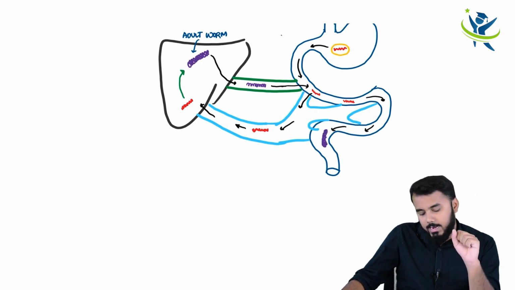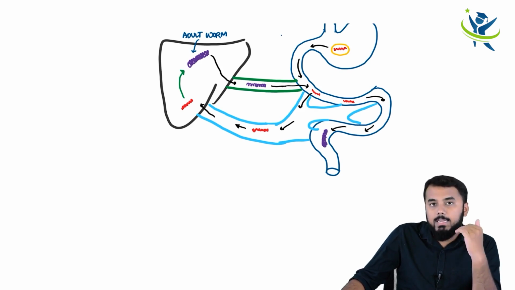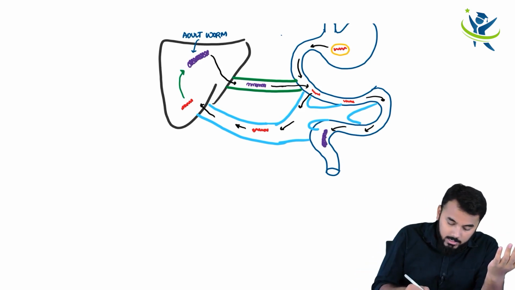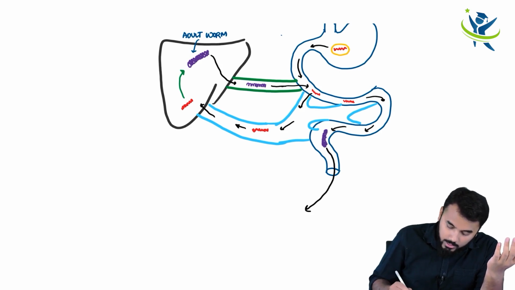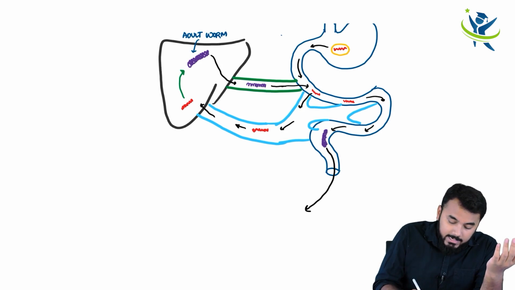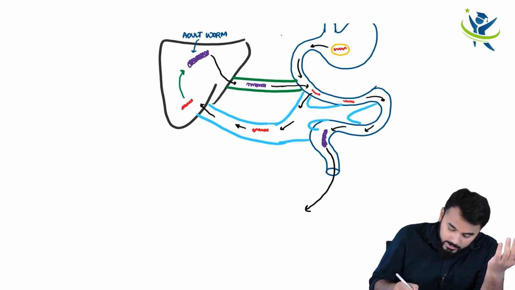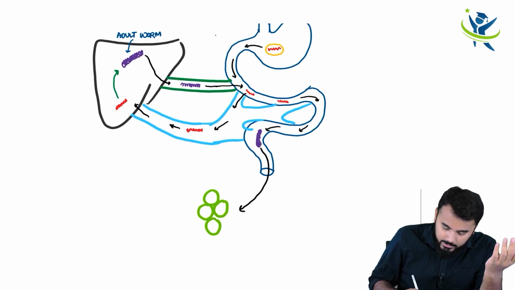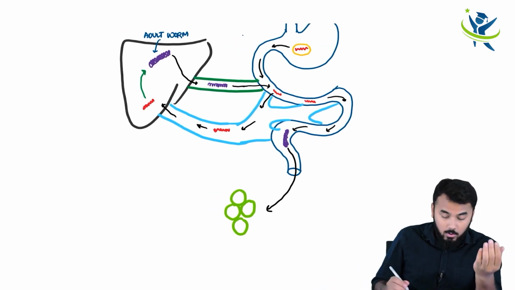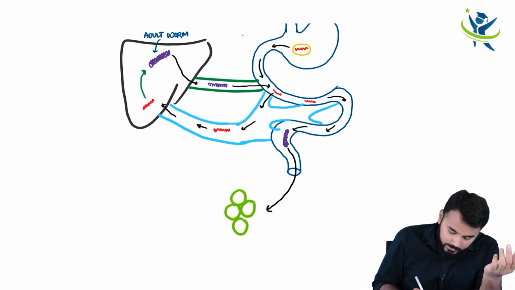Now these adult worms release eggs, and these eggs are called unembryonated eggs. See, there is a group of eggs here, and these eggs are empty inside, isn't it? These eggs are empty inside because these are called unembryonated eggs.